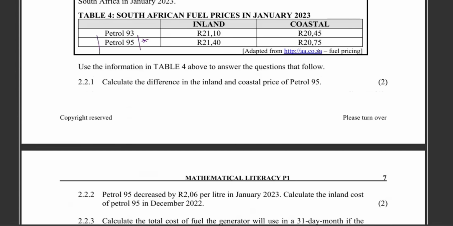We are not going to use it because it's a type. Now the difference between inland and coastal is going to be 21 rands 40 cents minus 20 rand 75 cents. And this gives me the answer as 65 cents.